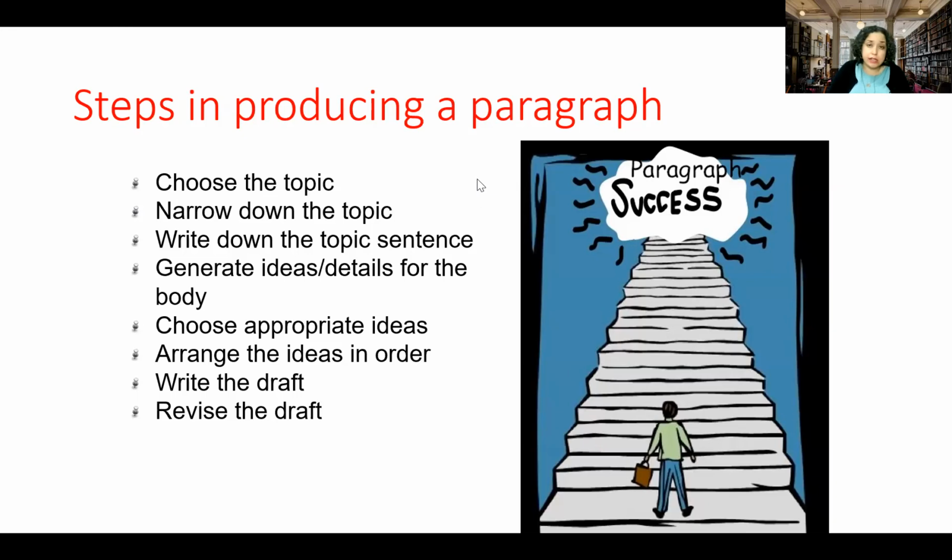Generate ideas, details for the body, choose appropriate ideas, arrange the ideas in order, write the draft, and revise the draft. These steps are just as important as the one in the beginning.